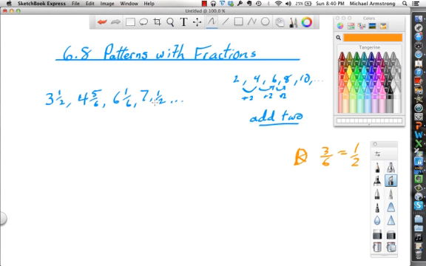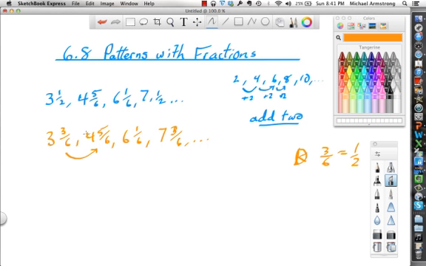We're going to just see what happens here. So 3 and 3 sixths, and then 4 and 5 sixths, and then 6 and 1/6, and then 7, and instead of 1/2, we're going to write 3 sixths. Oops, not 3/3. 3 sixths. There we go. Dot, dot, dot. And we're just going to look, how do I get from 3 to 4 sixths? What did I have to add? Well, first, 4 is bigger than 3, so that's 1 bigger.